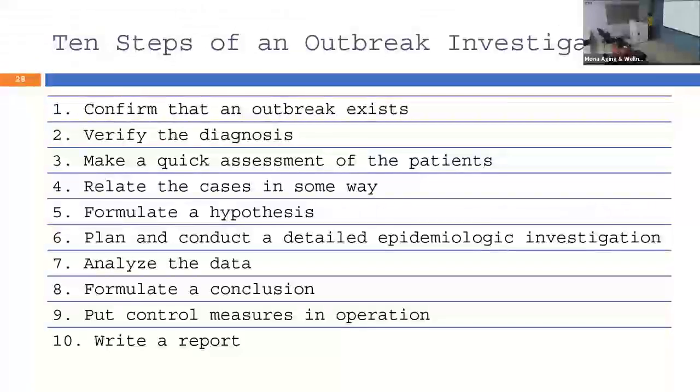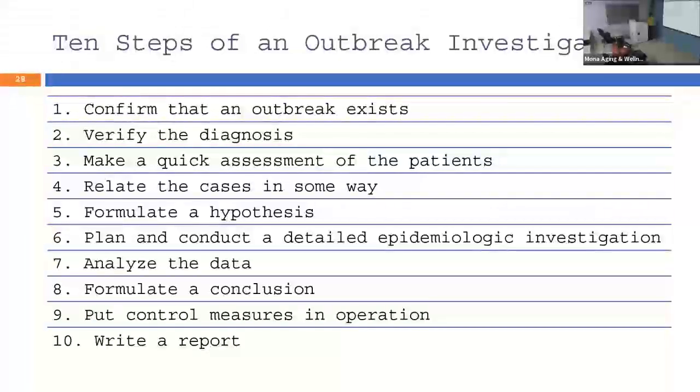And the emphasis is that it's not necessarily sequential. These are, yes, called steps, but different things can be happening at the same time, because if you know that it's dengue that's causing it, you're not going to wait until you do all your analysis and complete your epidemiologic investigation before you start putting control measures in place.